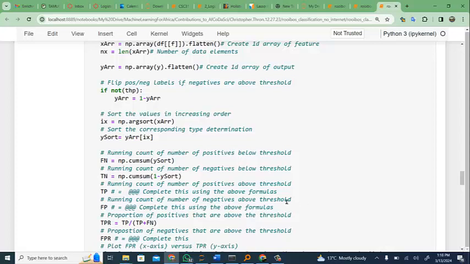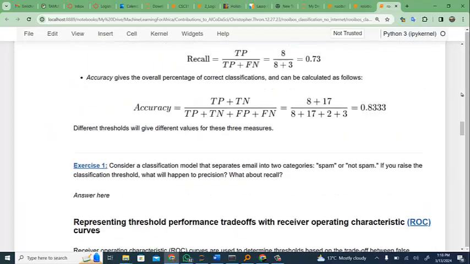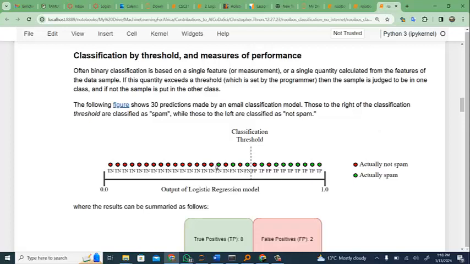Now in this command we are sorting the values of the feature. Why do we do that? Well, you can see why above. In this picture here, you can see that the values are sorted. Now I could set my threshold on any one of these samples. So what we're going to do is scan through these samples and set our threshold at each one.